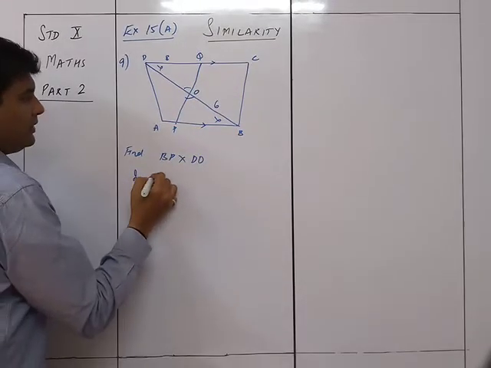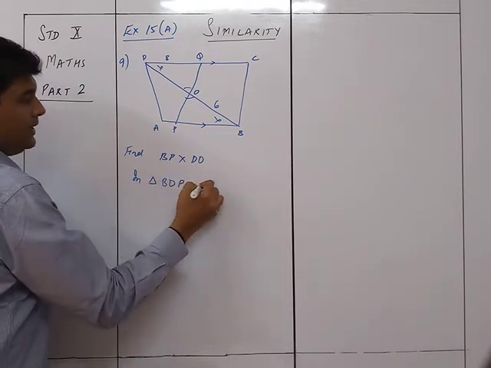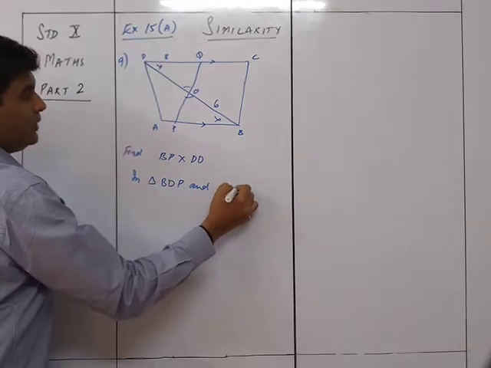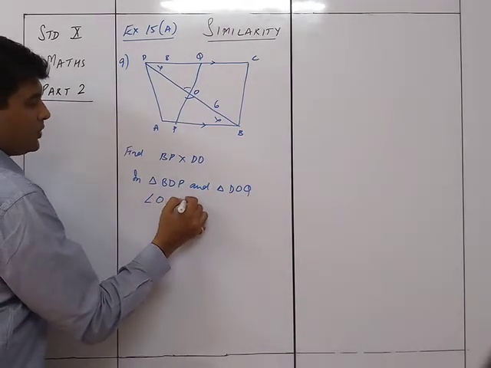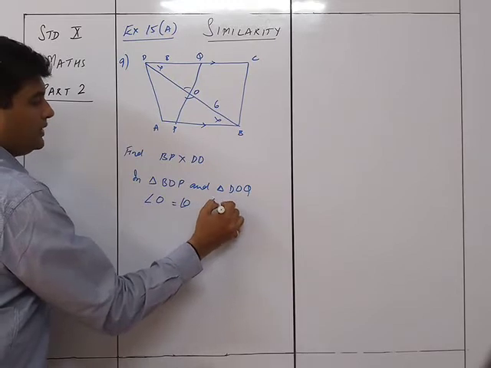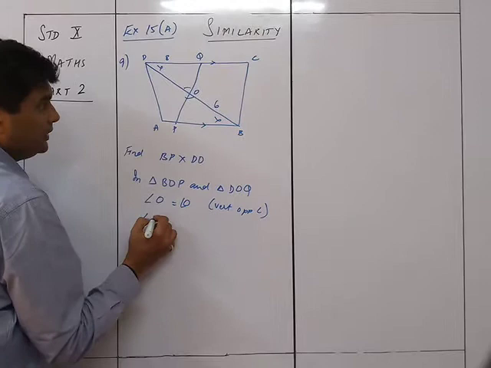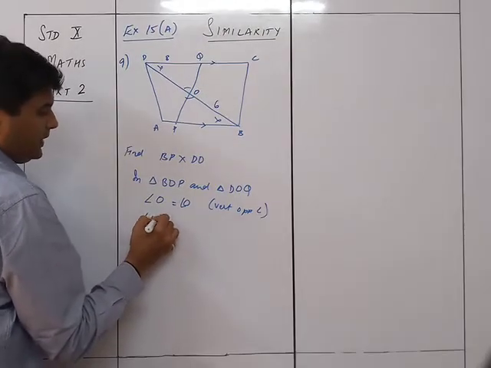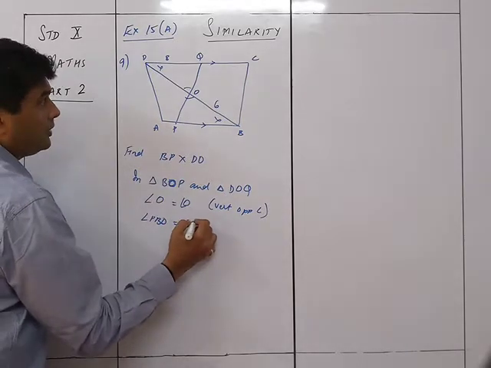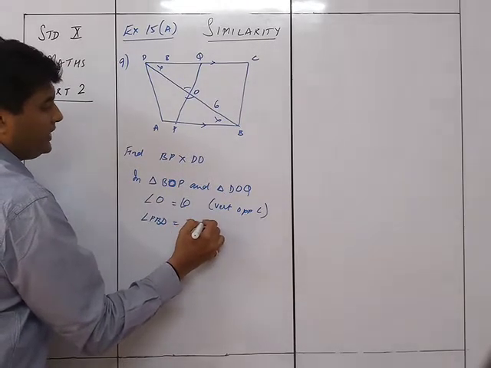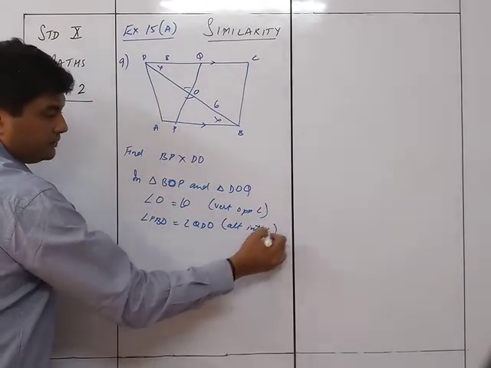So in triangle BOP and triangle DOQ, angle O is equal to angle O, vertically opposite angle, and angle PBO is equal to angle QDO, that is alternate interior angle.